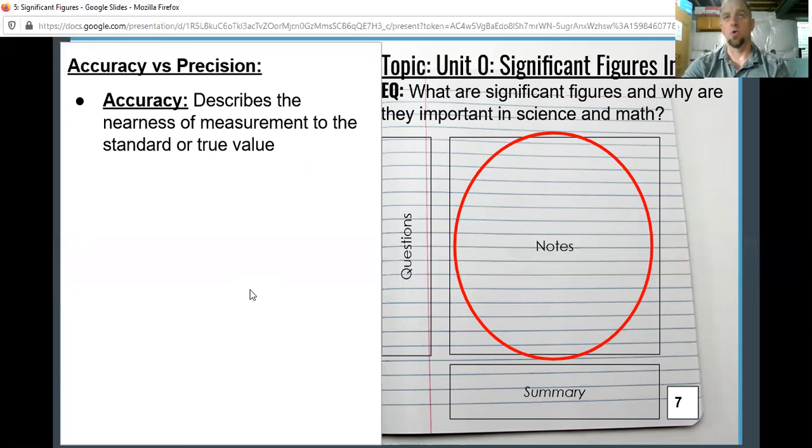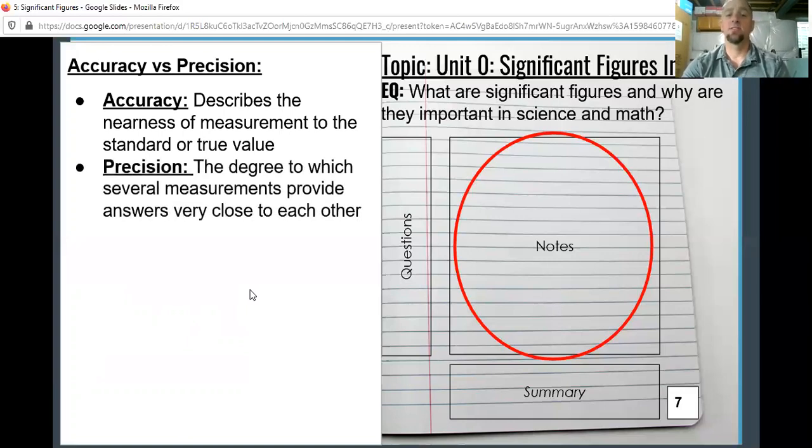A lot of times there's an accepted value, something that we know, like for instance, aluminum should have a density of 2.7 grams per centimeter cubed. If we did an experiment to determine the density of aluminum, and we didn't get 2.7, how accurate is that? How close were we to that accepted value?